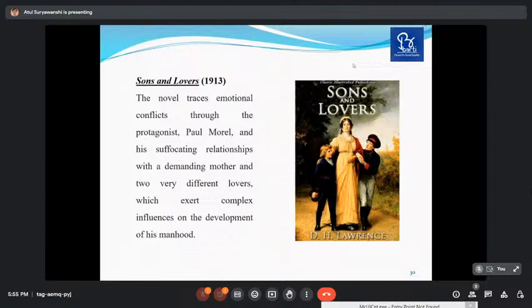This is the story of Sons and Lovers. The mother substitutes the son for the husband in this novel. And it's altogether different writing, based on two terms that we discuss in literature, Oedipus complex and Electra complex. So the theme is based on the Oedipus complex here, in Sons and Lovers by D.H. Lawrence.